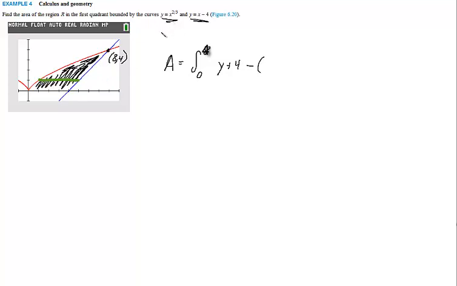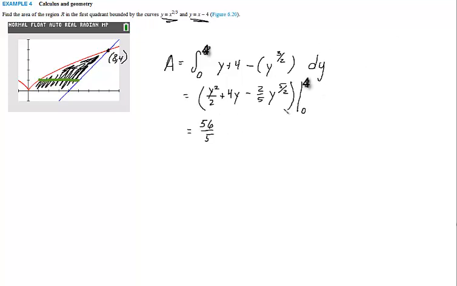So I would have to rewrite that in terms of y, and doing that is just y to the 3/2 dy. I'm going to compute this integration and get my area. Computing that integration and then plugging those values in, I get 56/5 as my area.